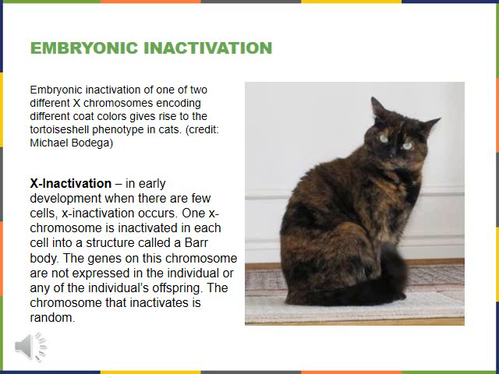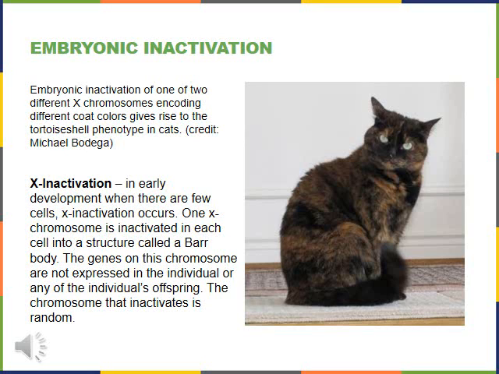Okay, it says one chromosome is inactivated in each cell into a structure called a bar body. All right, and so it's just another term to say, hey, this is where that chromosome is stored now. It doesn't work, so we're going to package it away neatly into this little body, I guess you can call it, or box, or compartment.